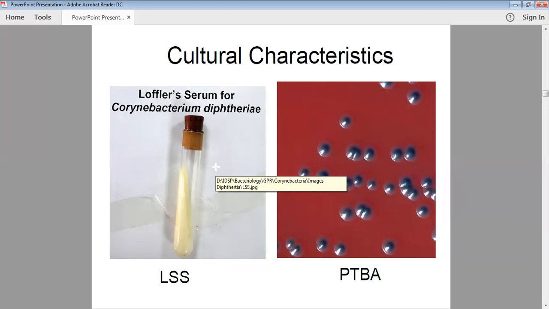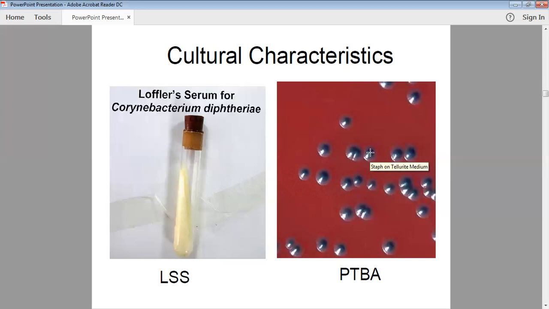Another medium is potassium tellurite blood agar. It is a selective medium containing tellurite. It inhibits the growth of other unwanted bacteria and enhances the growth of Corynebacterium diphtheriae. The colonies appear black due to reduction of tellurite to tellurium. But it takes 2 days: 48 hours of incubation, and a negative report only after 2 days of incubation.